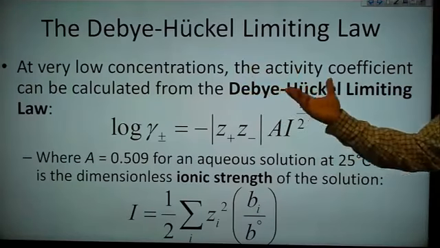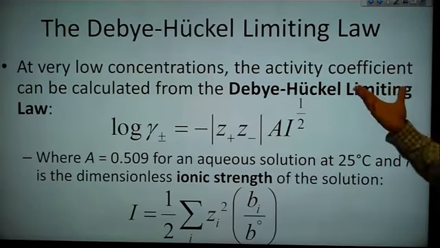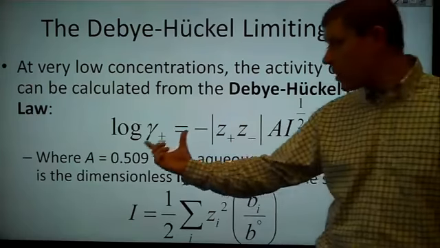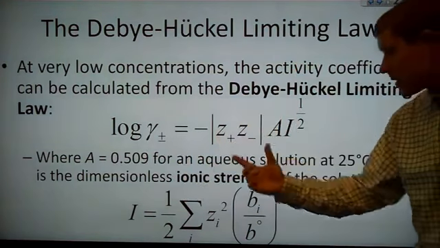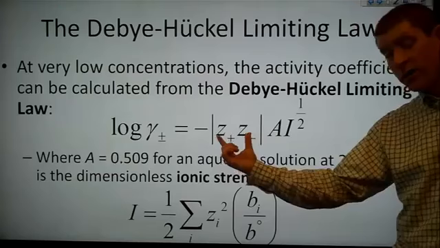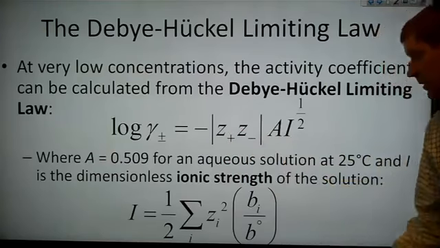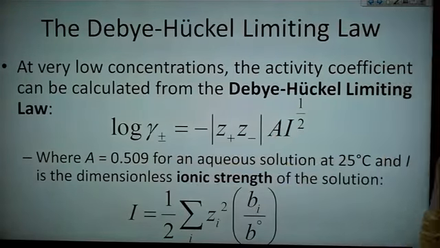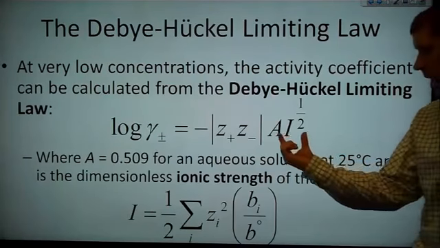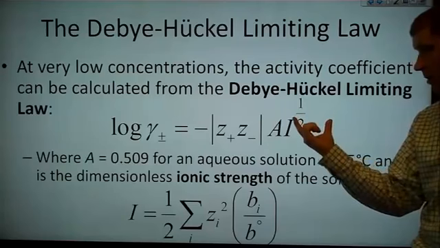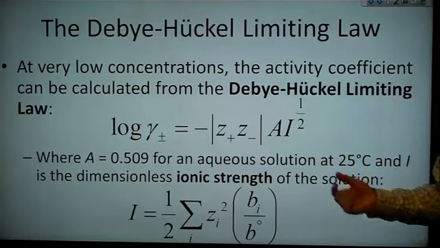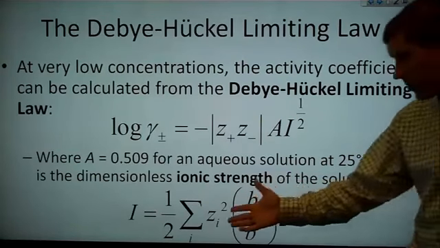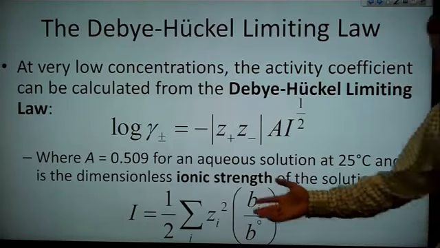So at low concentrations, the activity coefficient can be calculated from the Debye-Hückel Limiting Law, which is given here. The log of gamma plus-minus is equal to minus the absolute value of the product of our charges, z plus and z minus, times A, where A is 0.509 for aqueous solutions at 25 degrees C, times I to the power of 1/2, so the square root of I, where I here is our dimensionless ionic strength of our solution given by this formula.